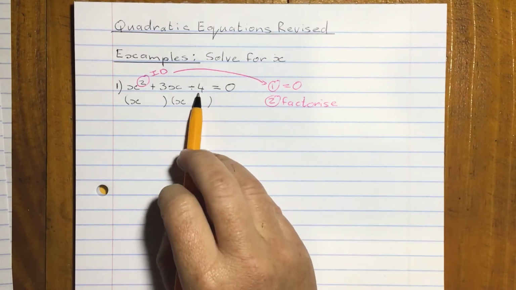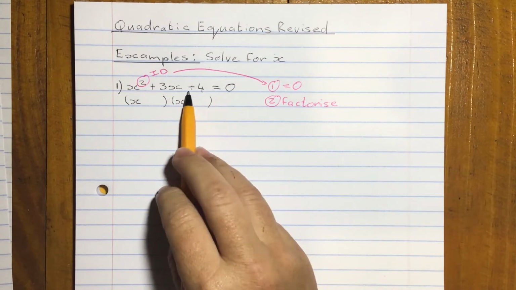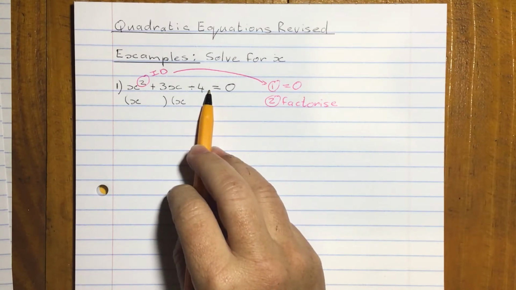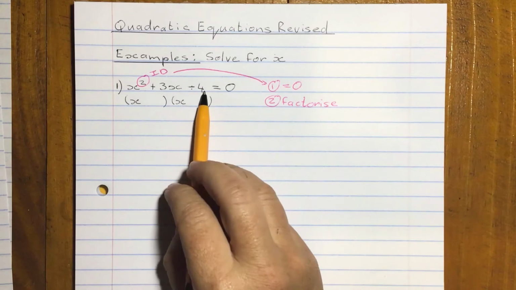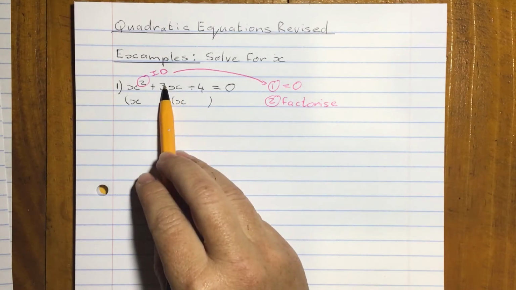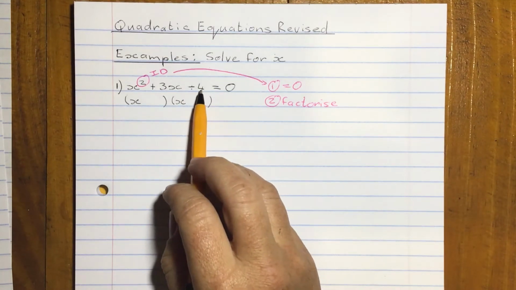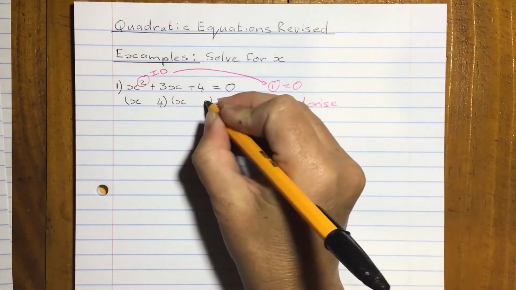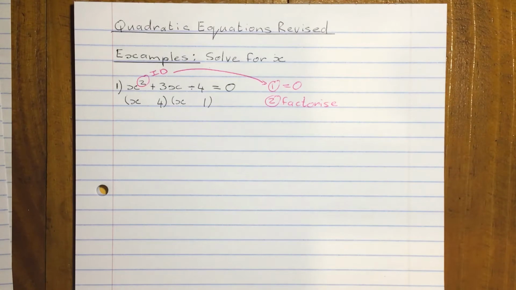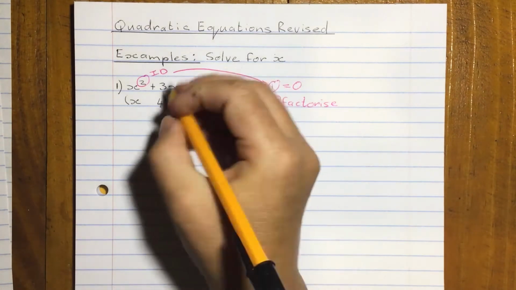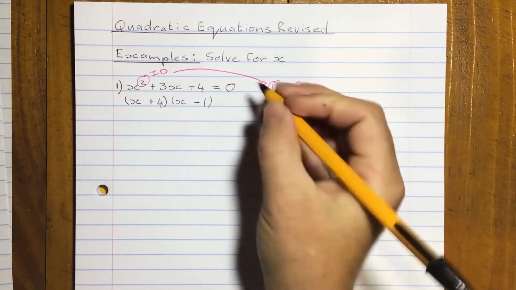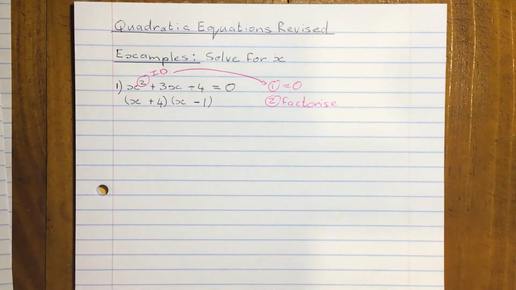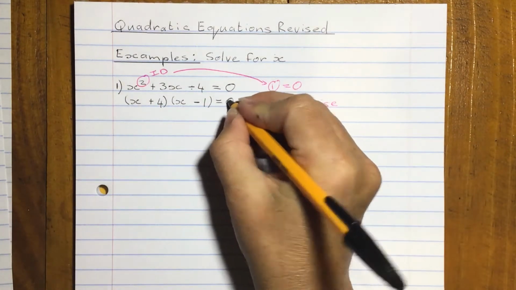And our options for 4 is 1 times 4 or 2 times 2. Now, we know that 2 minus 2 is not going to give us 3 because the signs are different. But 4 minus 1 will give me 3. So the factors are 4 and 1. And then positive 4 minus negative 1 will give me a positive 3. And there are my factors.